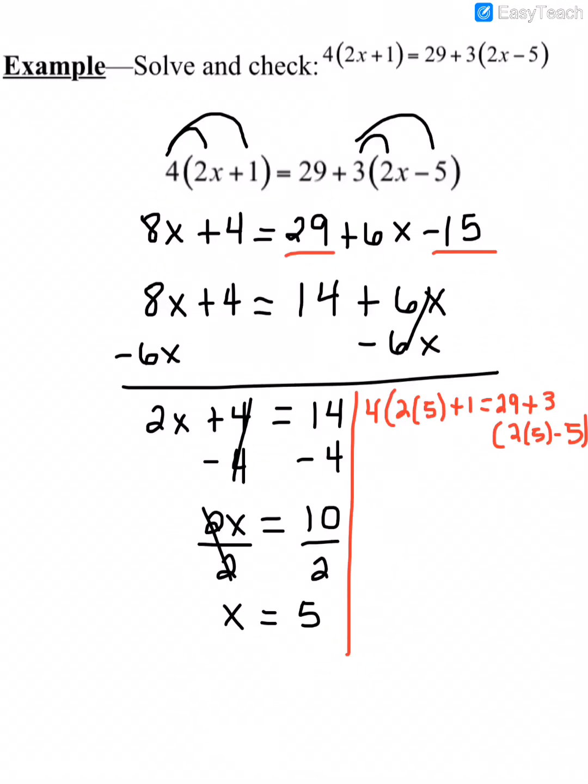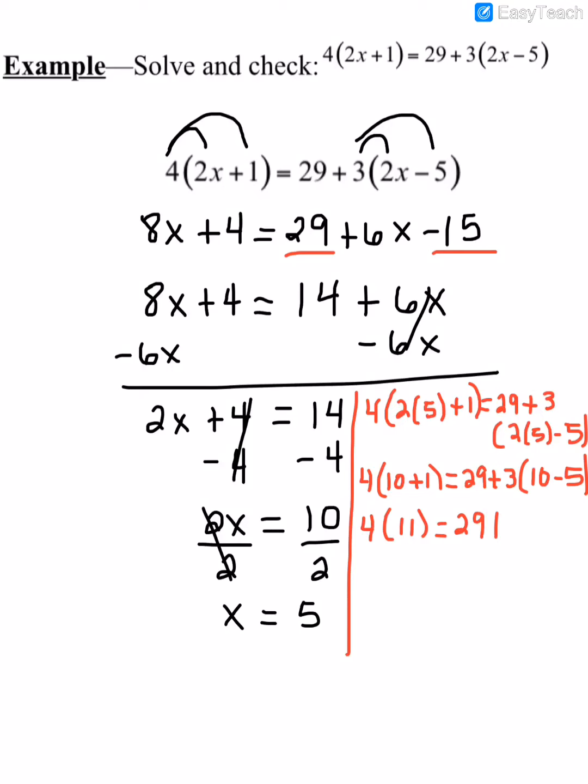Okay, so if I follow order of operations and I do what's inside the parentheses first, I have 4 times, okay, 2 times 5 is 10 plus 1, is equal to 29 plus 3, and then 2 times 5, that's 10 minus 5. Okay, so 10 plus 1 is 11, so that's 4 times 11.